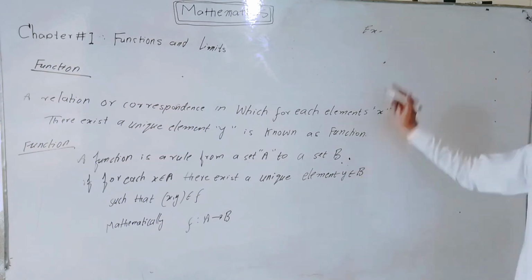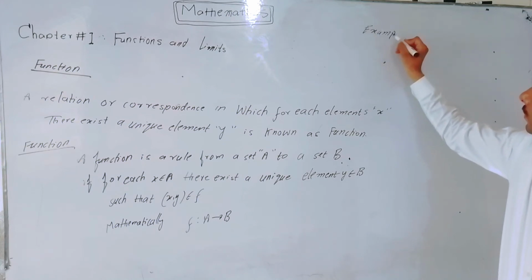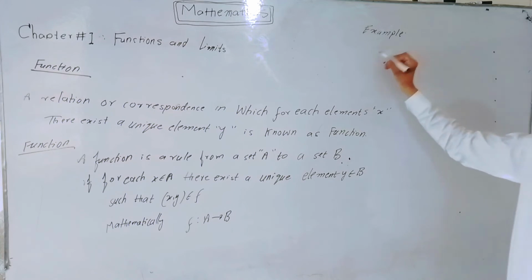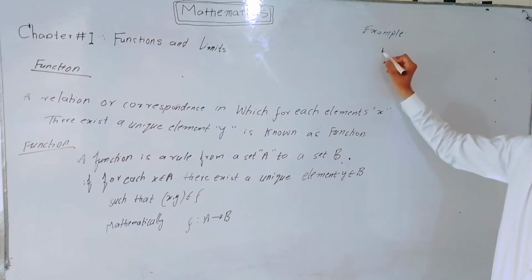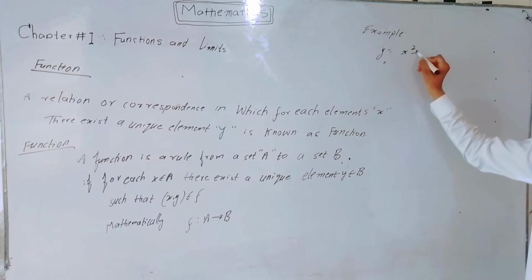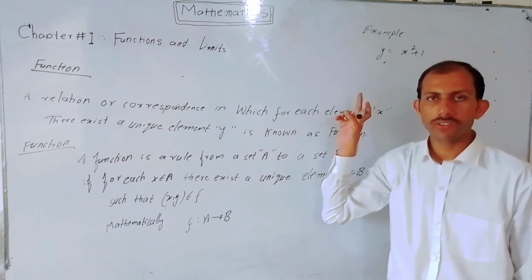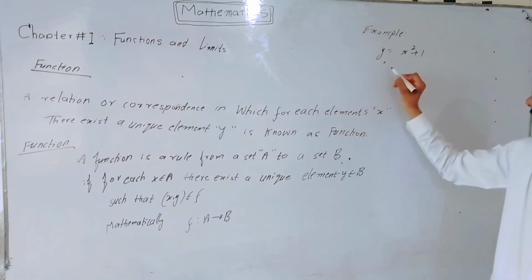Next, for example, let us suppose y is equal to x square plus 1. For one value of x, put x is equal to 0.